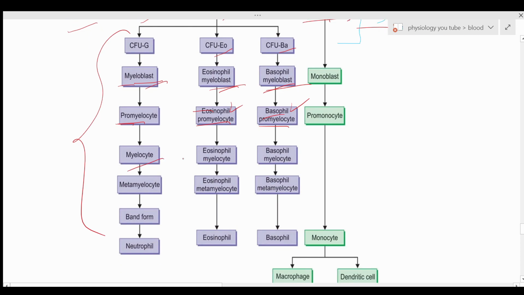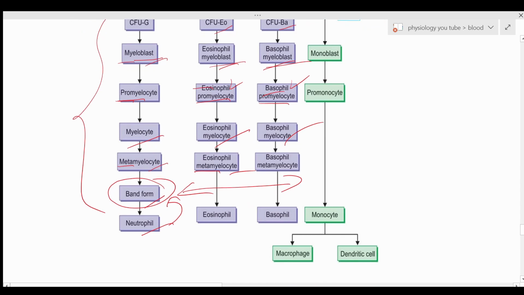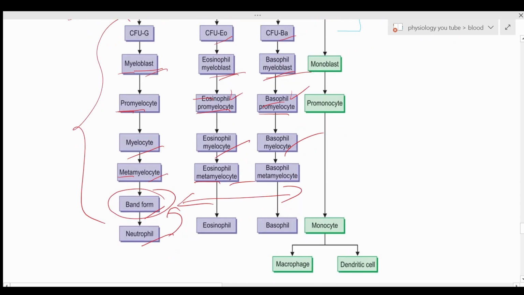Again myelocyte, and then metamyelocyte. Here only one thing is different from all the other things, that is band form. In neutrophils you will see band form nucleus. Okay, this is about development of different precursors.